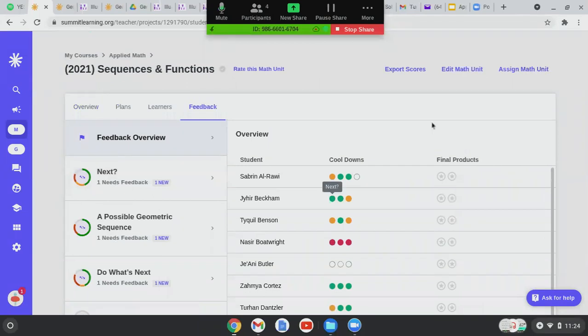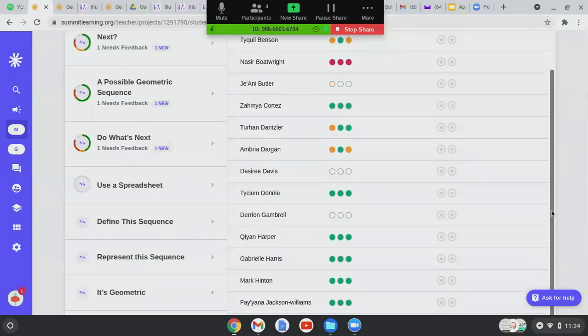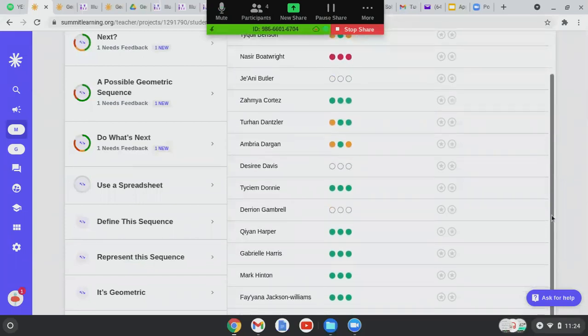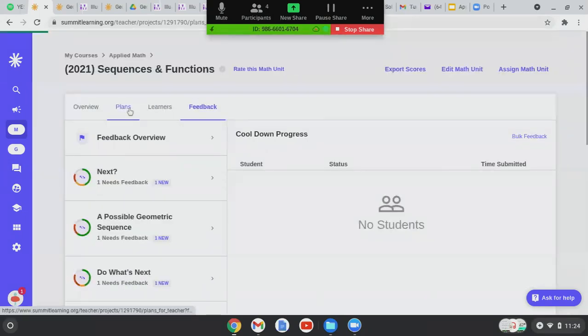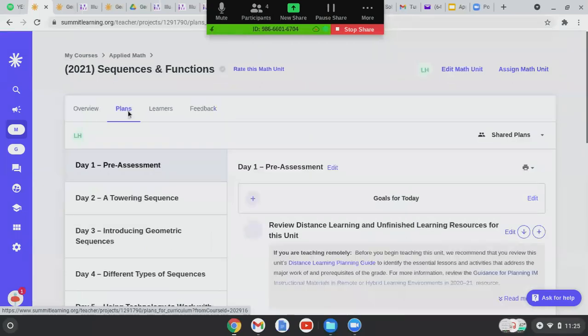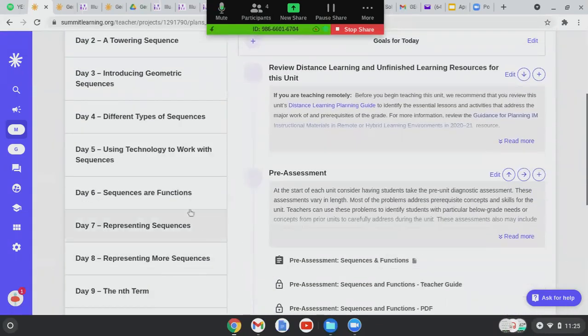And you should have in your resources. Let me see, because I may not have. Yeah, sequences and functions.